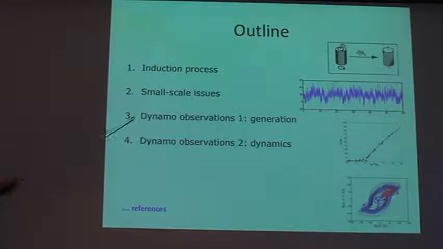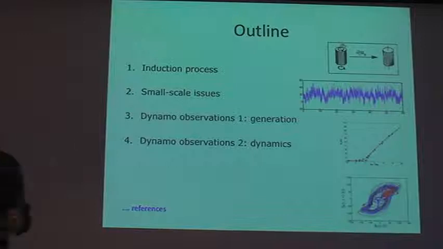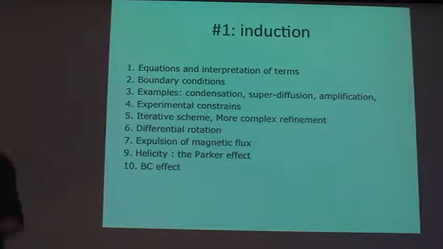And then I'll talk about the VKS/Cadarache dynamo findings, about what we understand about the generation of that dynamo and what we understand about the dynamics of that dynamo. And again, I apologize to those that have listened to some of these in the summer, but I haven't invented anything since then.